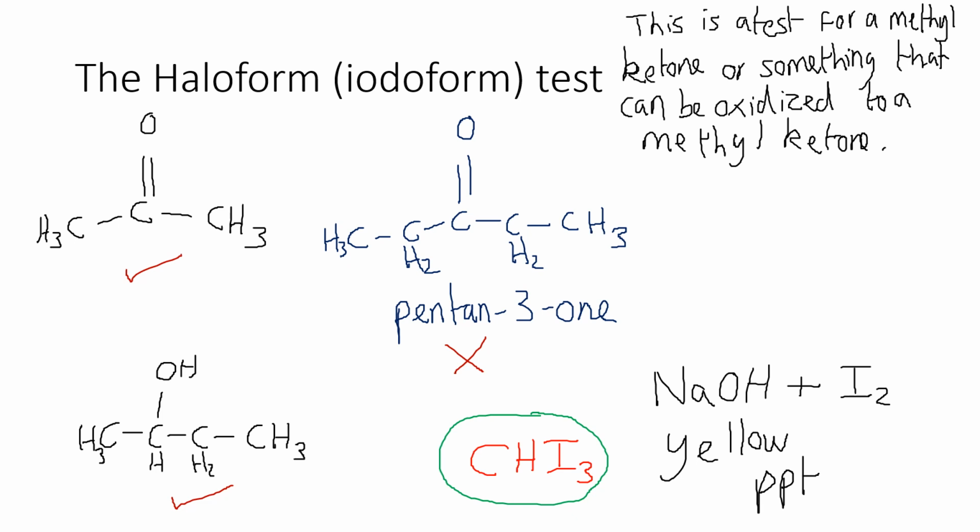And this is why this reaction is sometimes called the triiodomethane reaction. And just to recap, it's the test for a methyl ketone or something that can be oxidized to a methyl ketone, like a secondary alcohol.